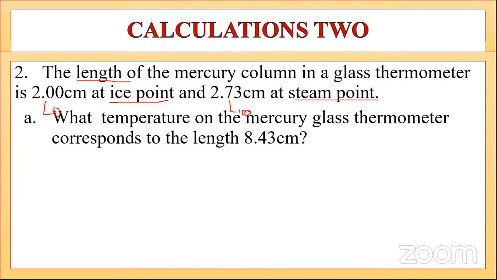So we have L naught and we have L100. Then they are asking, what temperature on the mercury glass thermometer corresponds to the length of 8.43 centimeters?